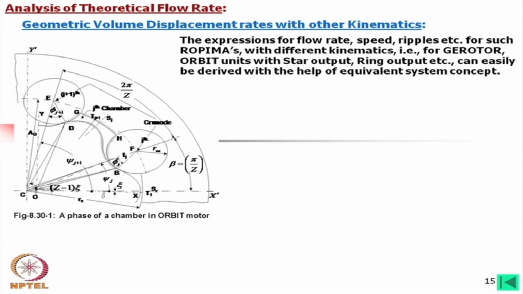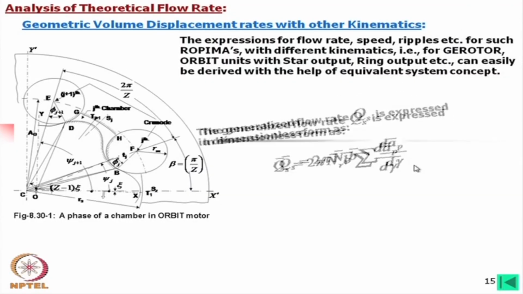Now, what we have done is analyzing all such areas with respect to the orbit motor, but it is possible that if we know the kinematics, the same formula can also be used for the other kinematics, that means G rotor units. How? Let us see.